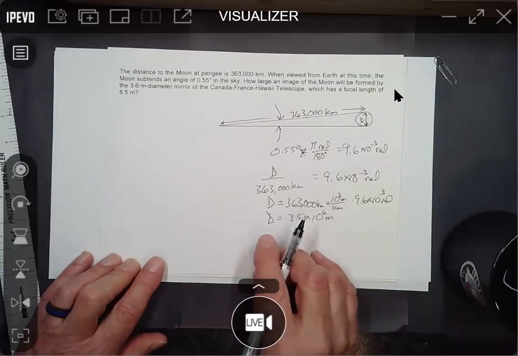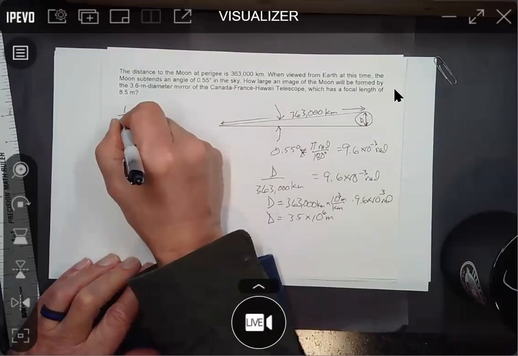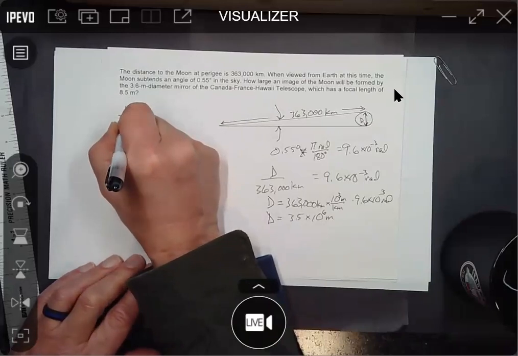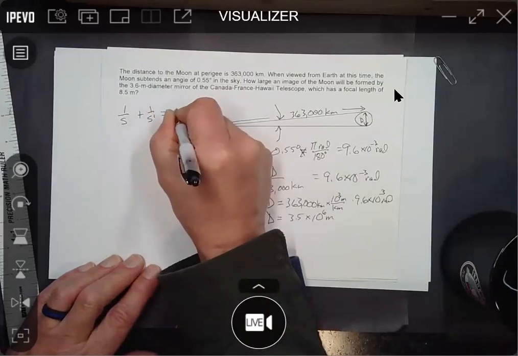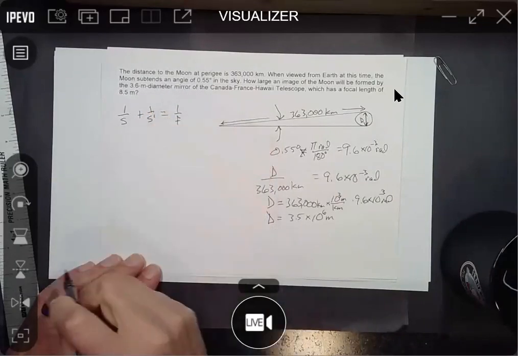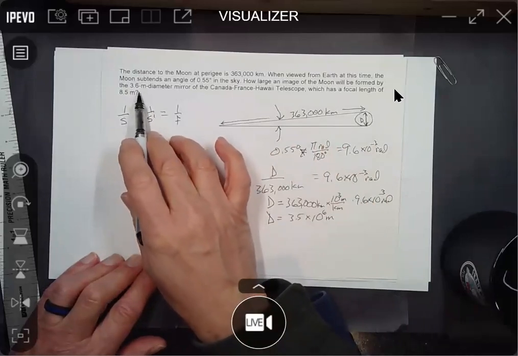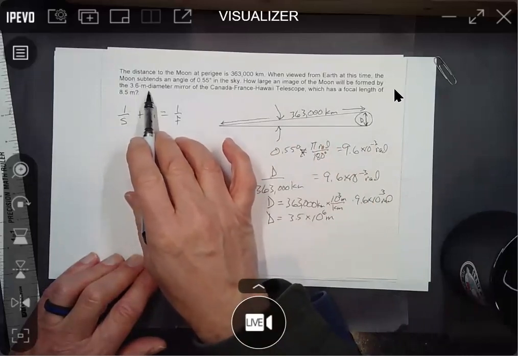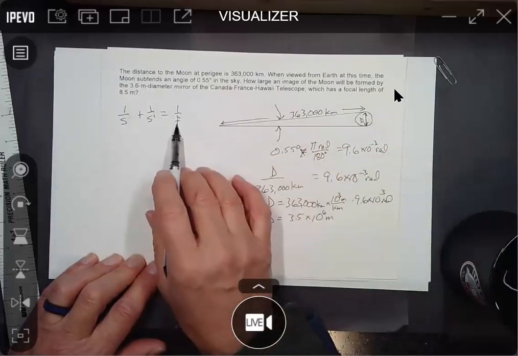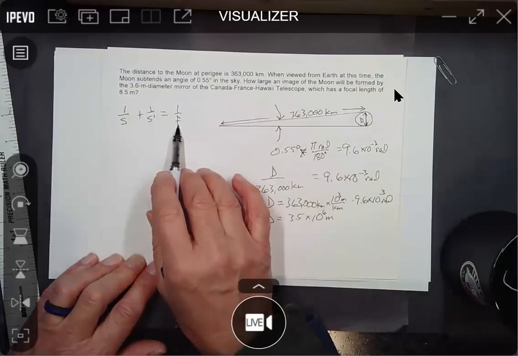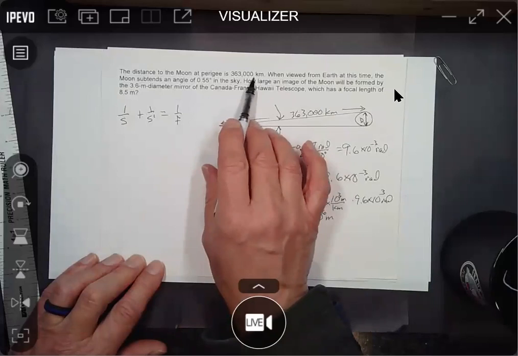All right, well, let's go ahead and use our equation here to figure out where the image forms. I've got 1 over s plus 1 over s prime is equal to 1 over f. Well, this thing has a 3.6 meters diameter, but a focal length of 8.5 meters. So that's the number that's going to go down here. But this is 3.63 times 10 to the 8th meters.